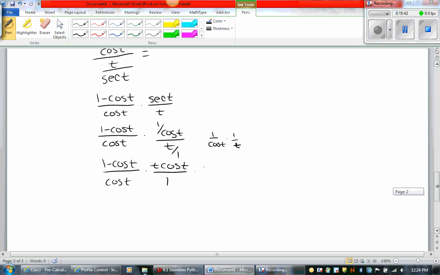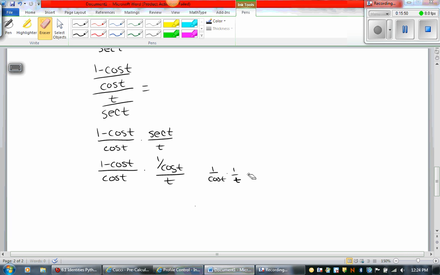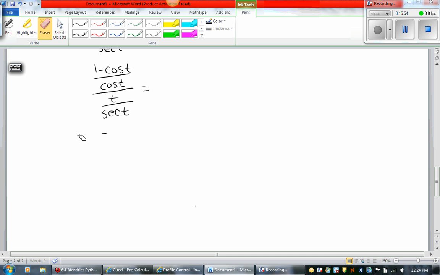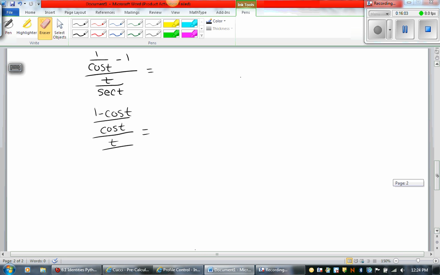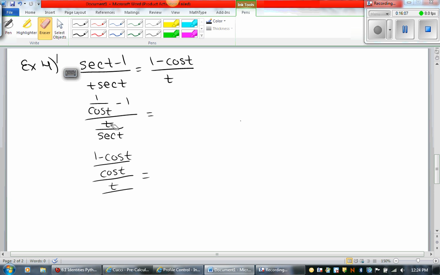Sometimes when it gets too messy, we just start over. And that's what we're going to do. We're starting this problem over. We're doing it correctly. We just should have taken that secant and put it in at the appropriate time, which would be right here. My apologies. So we've got t over secant. I do not want secant.